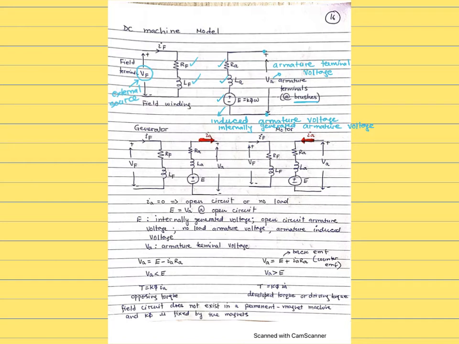First of all, under steady state conditions, the voltage across the inductor, let's say VLA, is 0. The voltage across LF is going to be 0. Why?